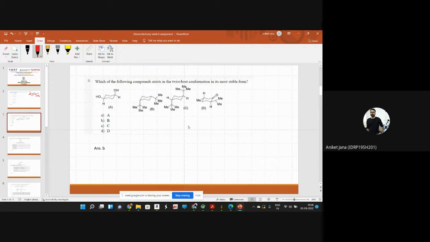So let's discuss. As you can see, in case of options B and C, the tertiary butyl groups are there, right? They are very bulky groups. And which isomer is this, B, cis or trans?